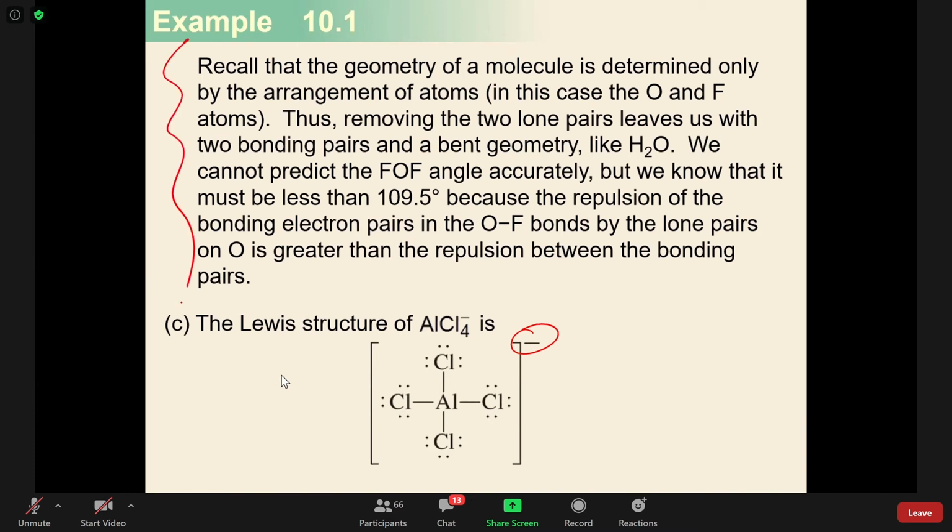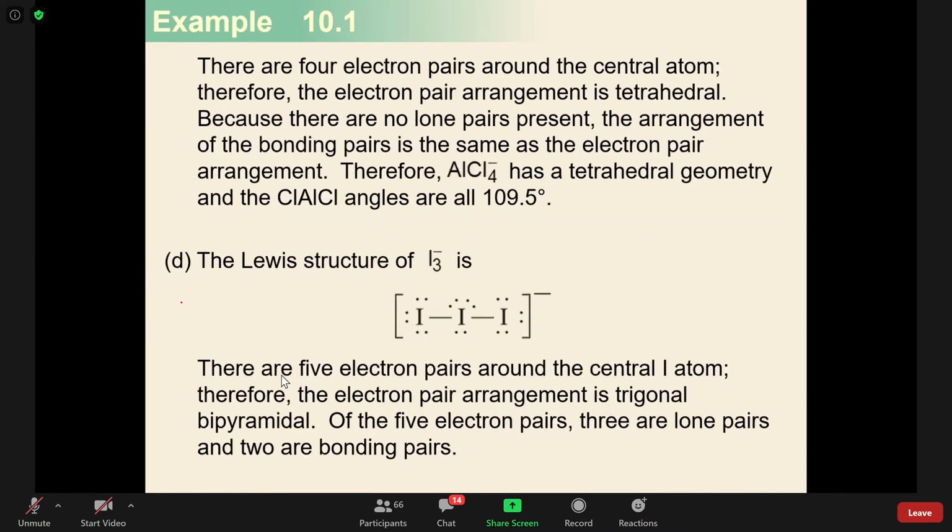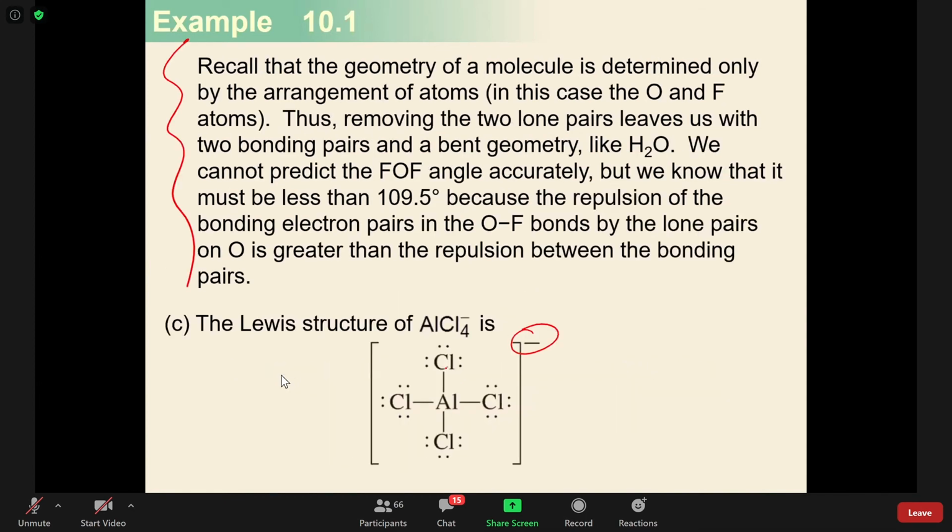I'm not going to read this to you, but this could help you. 1, 2, 3, 4 bonds. That's really all we need to know. And notice there's no distinction here between electron pair geometry and molecular geometry because there's no lone pairs to take into account.